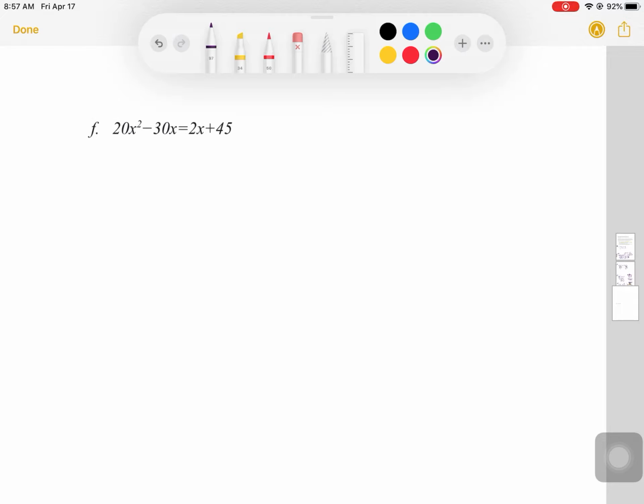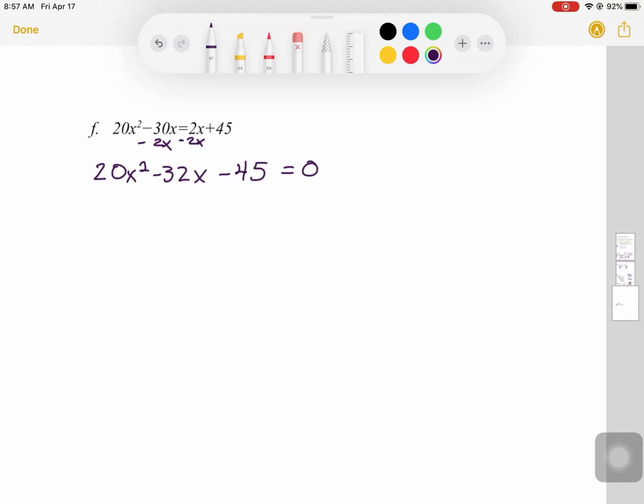For part F, I'm going to get this one into standard form first, so I need to subtract 2x from both sides. So that's negative 32x, and I'm going to subtract 45 from both sides.